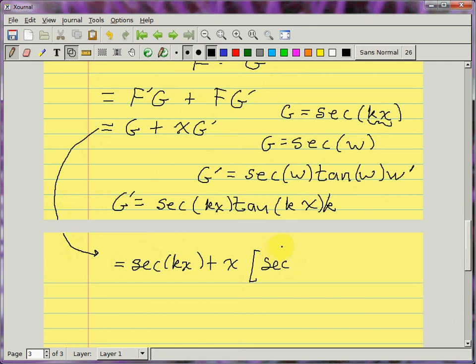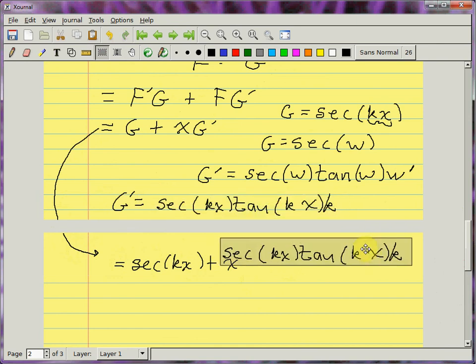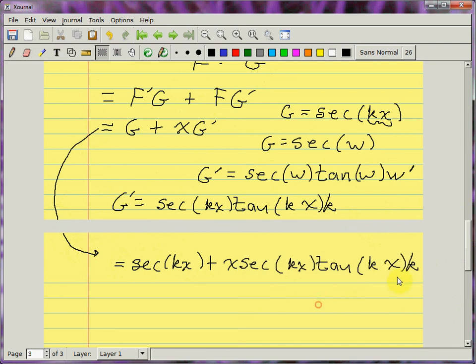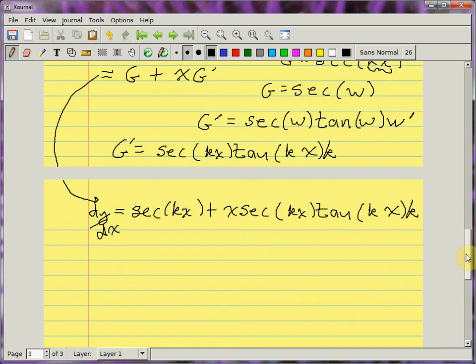Since I'm using a computer, I could just cut it and paste it like this, and we're done. Okay, so g prime goes there, and that's the end of the problem. And just to remind you what we were doing in the first place, this is dy dx, also known as y prime.